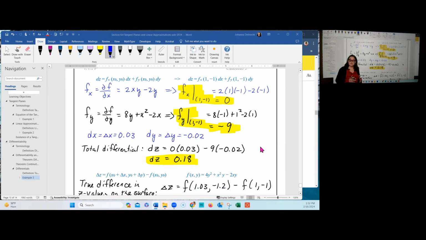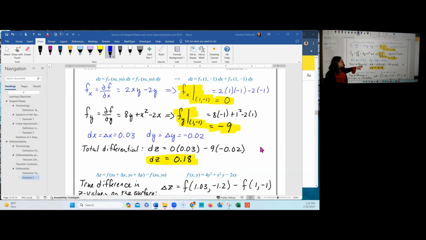The total differential is the change in the z values on the approximation, dz. This does not require us to know what the actual z value is. It just requires the information about how much you moved over with respect to x and how much with respect to y. Our dx or delta x is 0.03, and our dy or delta y was given to us at -0.02.